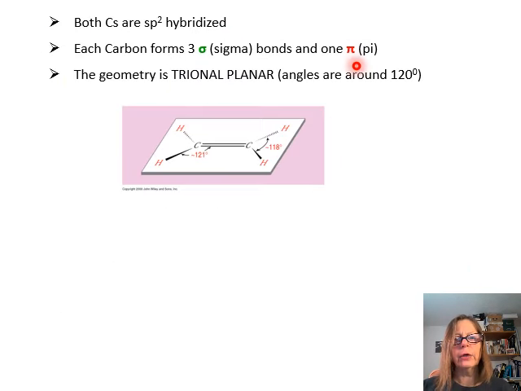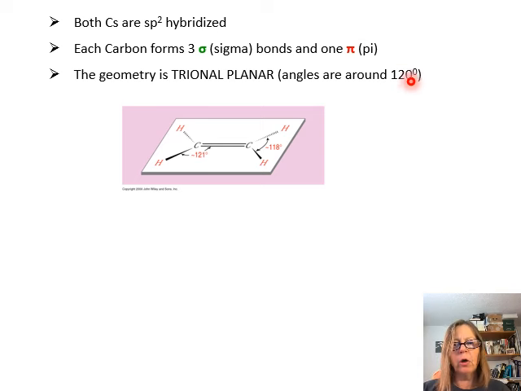So overall, looking at ethylene, both carbons are sp2 hybridized. Each carbon forms 3 sigma bonds with the sp2 hybrid orbitals and 1 pi bond with the non-hybridized p orbital. The geometry is trigonal planar. This will always be the case when a carbon forms 2 single bonds and 1 double bond.